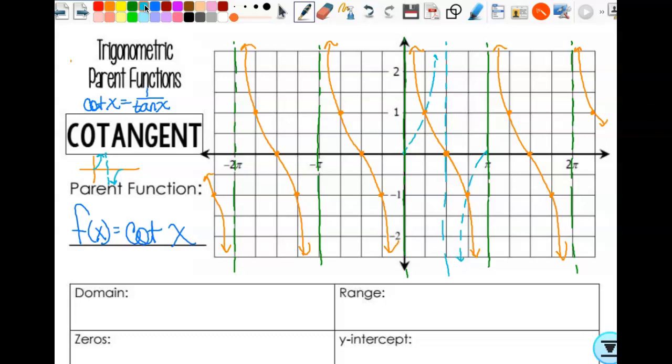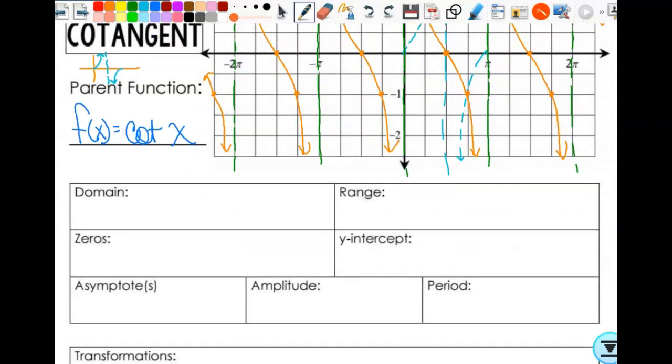All right, so domain. Well, got the asymptote thing again. They're all the x's except for where I have my asymptotes. So it is the set of all x's such that x cannot equal n times pi, where n is an element of the integers.